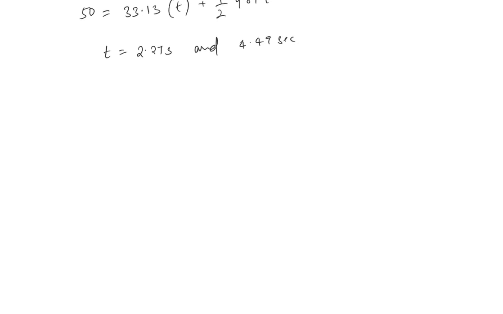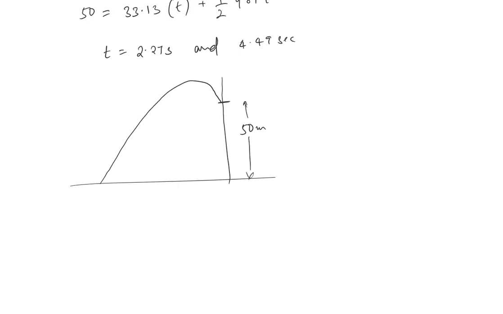Which one do we use? Look at the trajectory. It goes like that, and then it's like this. That's where that wall is. So this is 50 meters up to here. The water reaches the height of 50 meters two times, one on the way up and one on the way down.